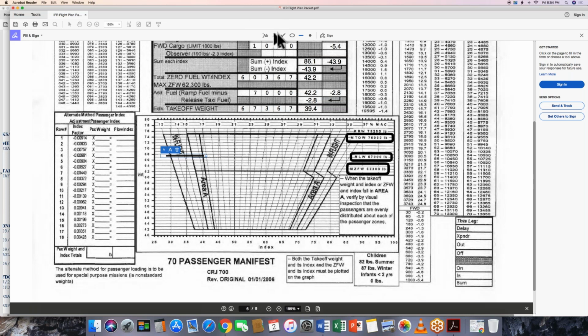So we've kind of got a bar there overlying where our weight is. So 39.4 is going to be about right there. We'll follow that all the way up here.